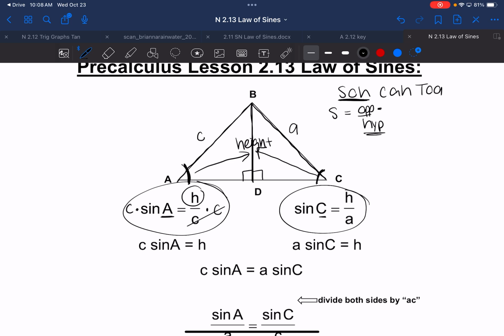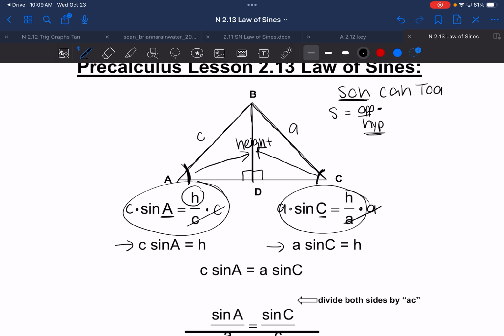That's what would give me this right here: c times sine of A equals H. Same thing over here. If I wanted to get H by itself, all I would need to do is multiply both sides by a. Then my a's would divide out, and I'm left with a times sine of C is equal to H.